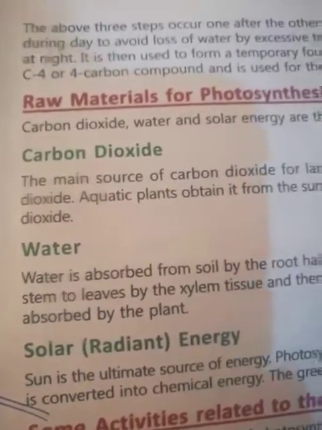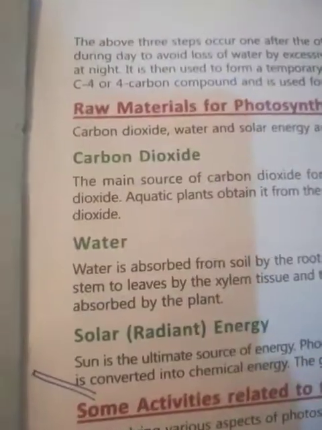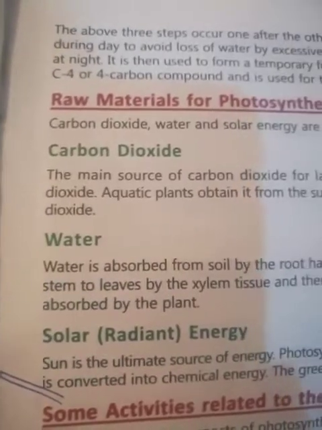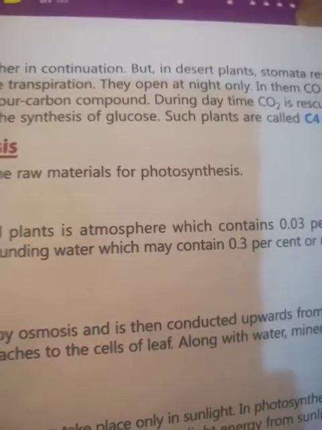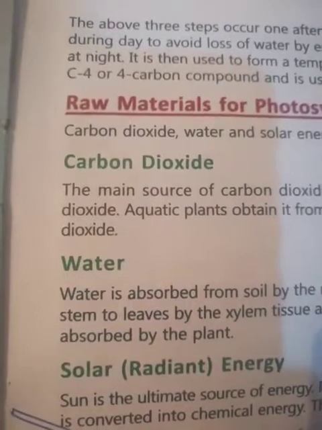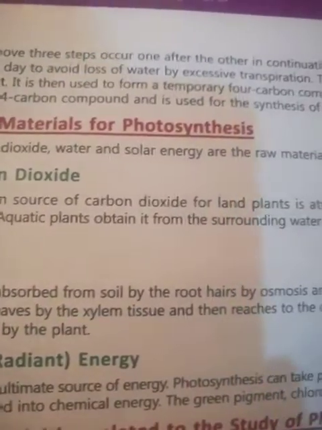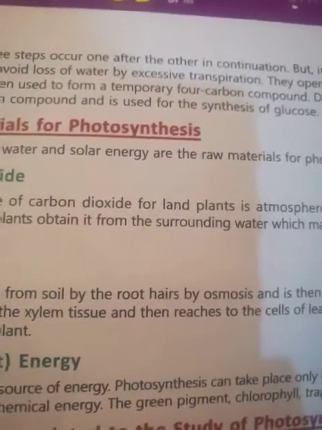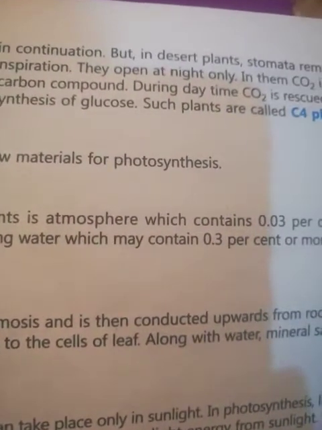Next, raw material for photosynthesis. Carbon dioxide, water, solar energy are raw materials for photosynthesis. Carbon dioxide. The main source of carbon dioxide for land plant is atmosphere, which contains 0.03% carbon dioxide.